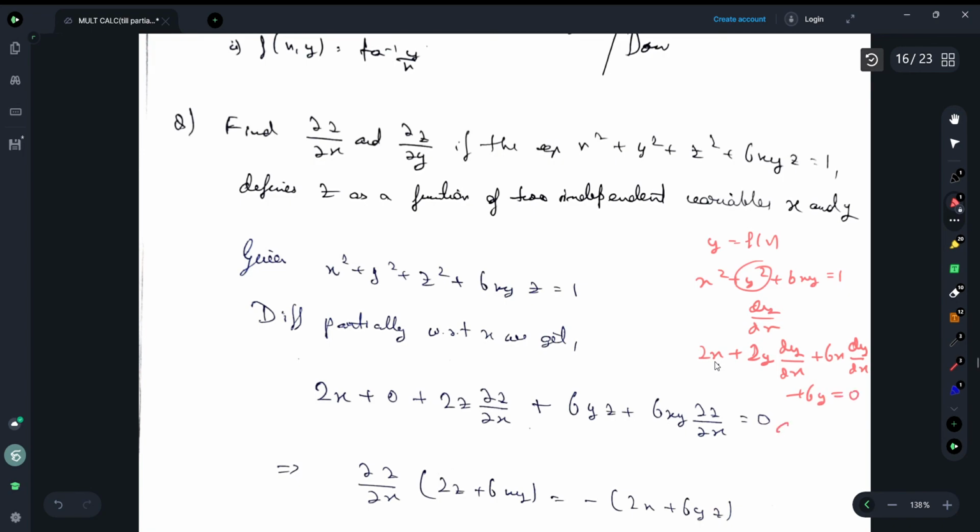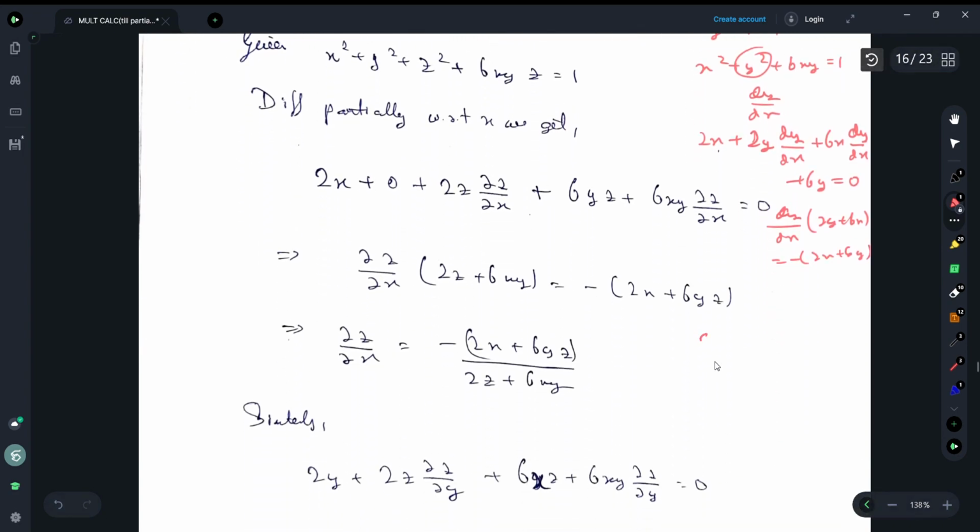From here you take dy over dx common. So you have 2y plus 6x equals minus of 2x plus 6y, right? So from here you get dy over dx equals minus 2x plus 6y divided by 2y plus 6x. This was the method.